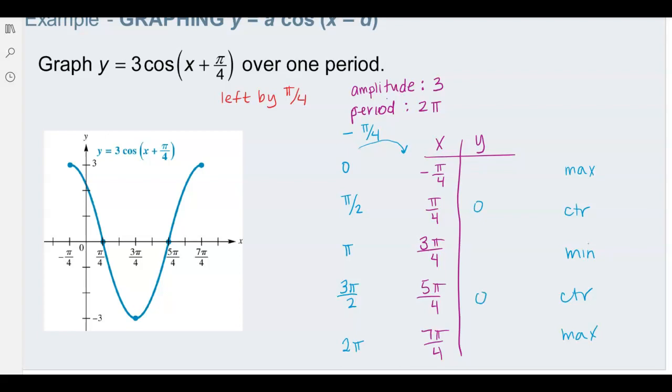Because we have a change in the amplitude, the maximum is going to be at 3, and the minimum is going to be at -3. So here are the sets of ordered pairs that we would graph, and we can see that they match up with the 5 key points on this graph that we have here.